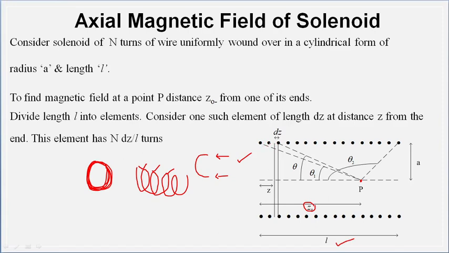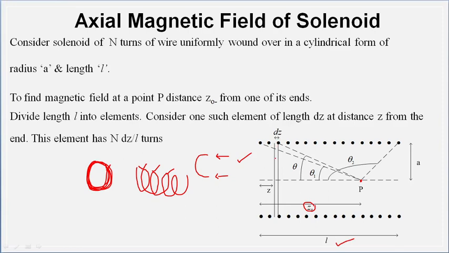So we'll take some element of that solenoid, a very small part of the solenoid, a very small horizontal cross section of length dz. The length of the element which we take is dz. See, the width of this coil is dz.